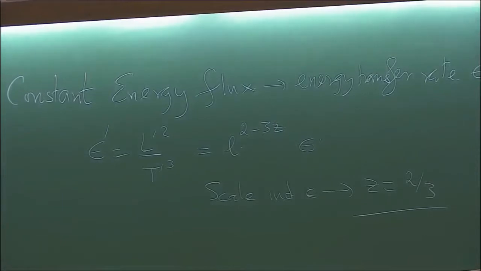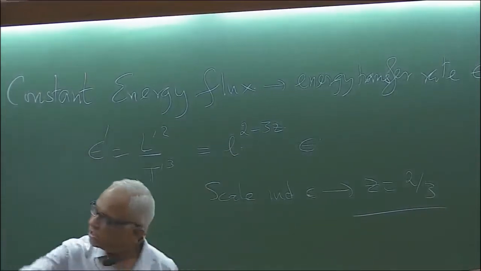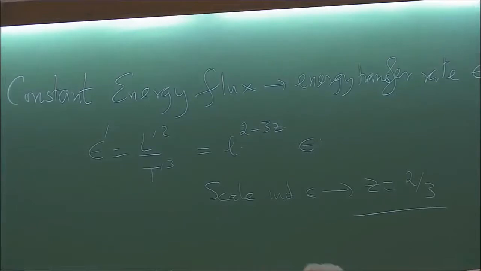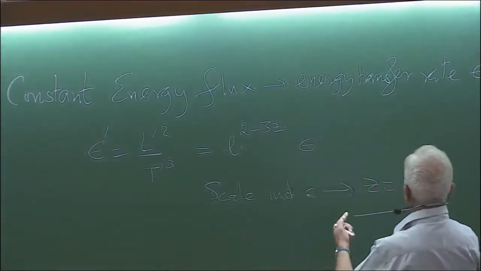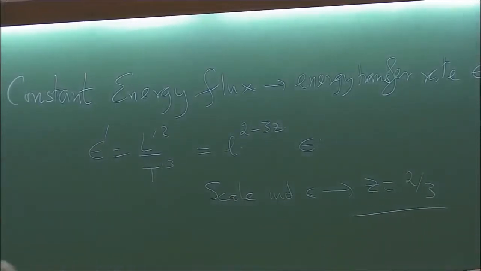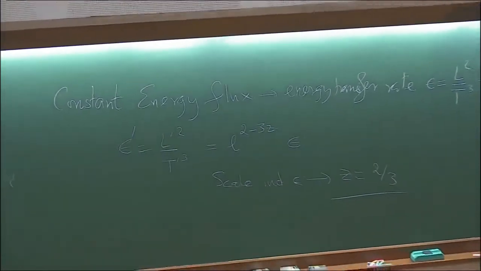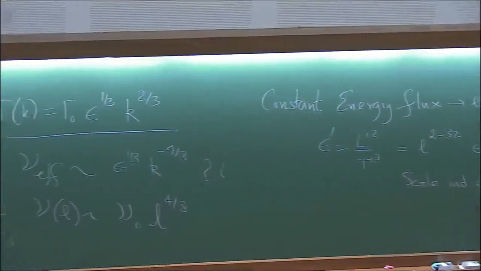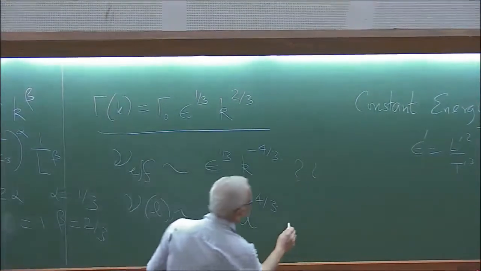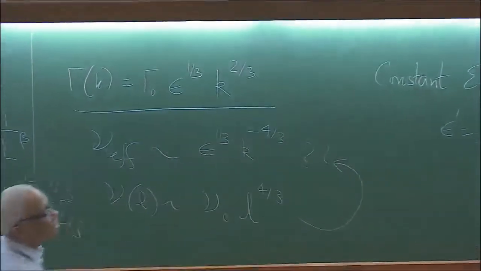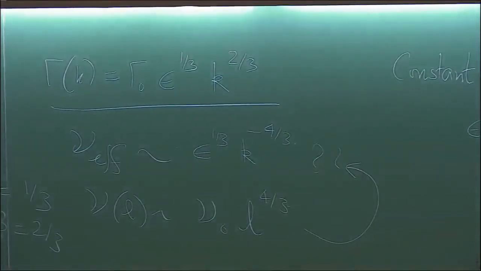So imposing the constant energy flux being scale independent fixes this scale variable which I introduced with the time scale as z equal to 2 by 3. With z equal to 2 by 3, my nu of L goes as nu 0, L to the power 4 by 3, which is the same as what you have over here. So that's how you close the loop.